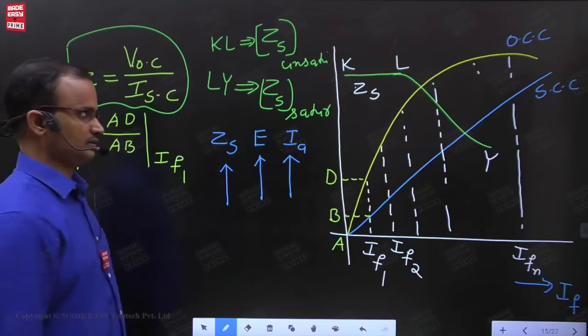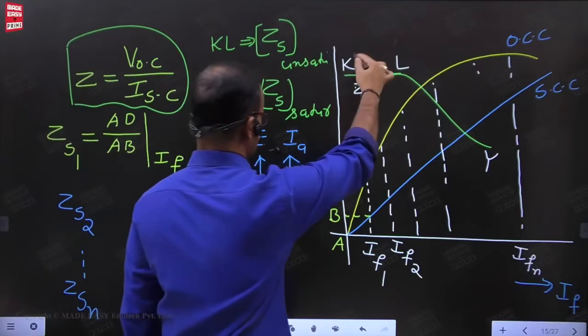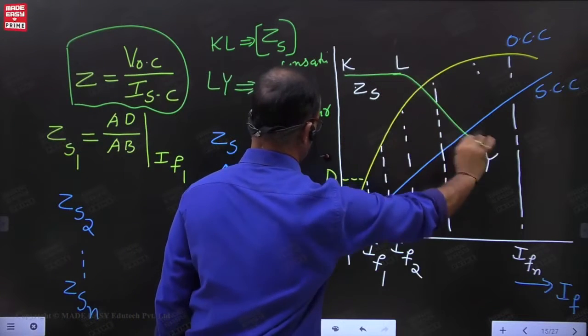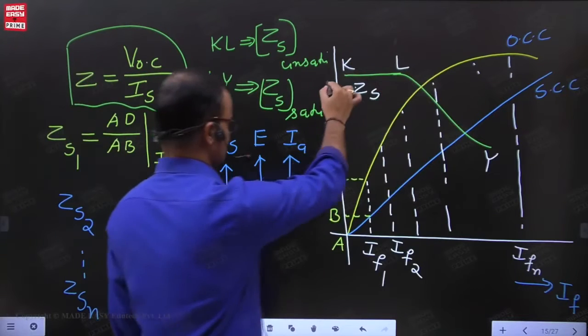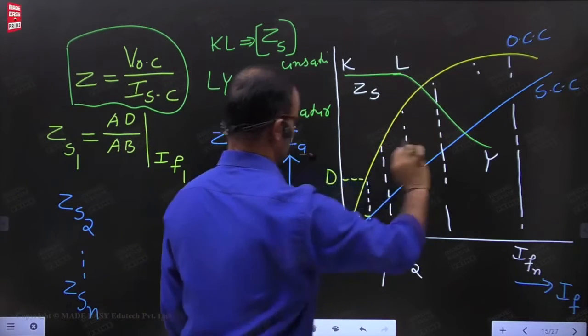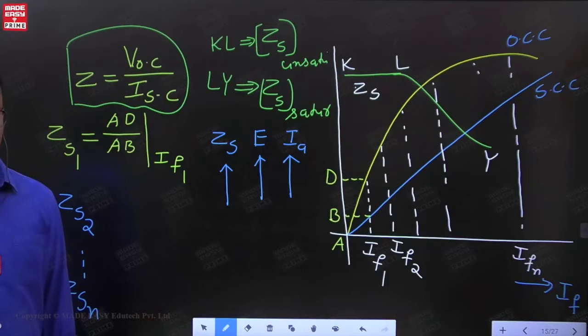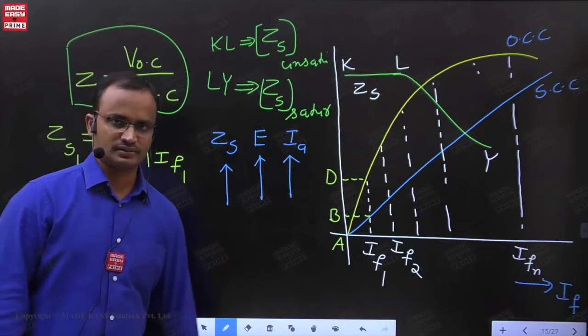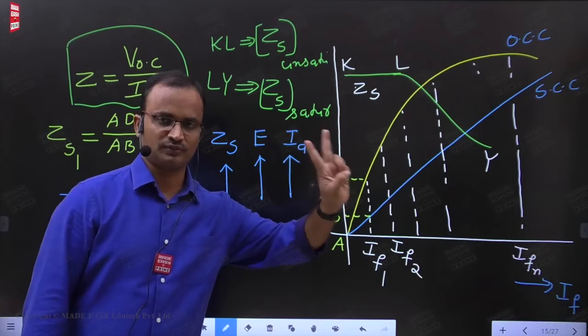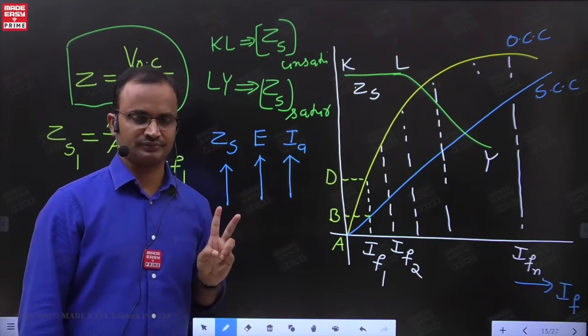The second point is, every time the unsaturated synchronous impedance is greater when compared to the saturated synchronous impedance. Dear students, in this entire discussion, mainly from the objective questions point of view, 2 points are required.